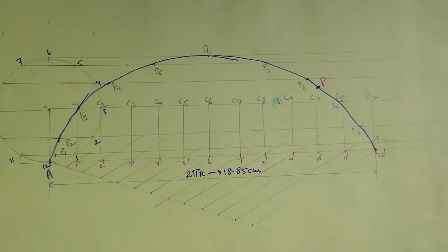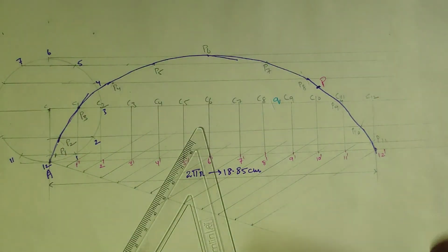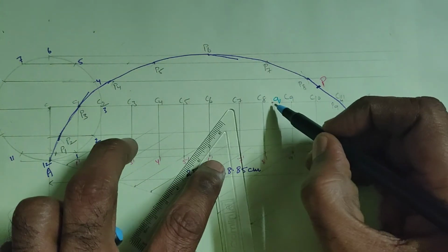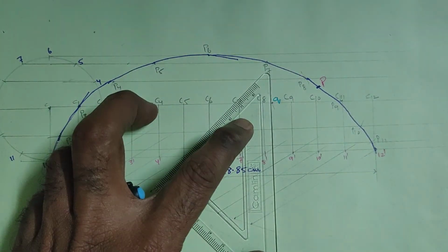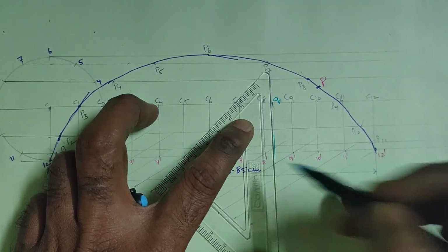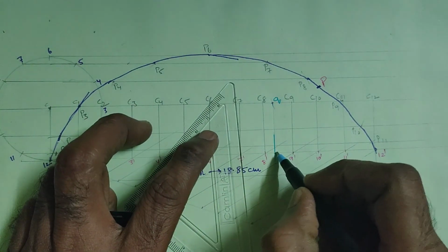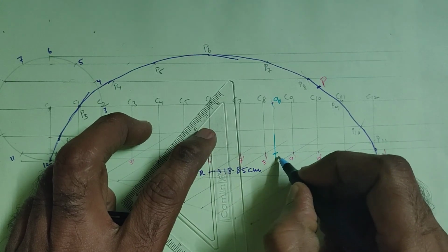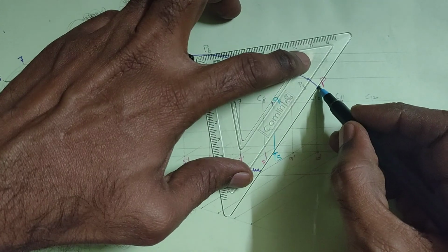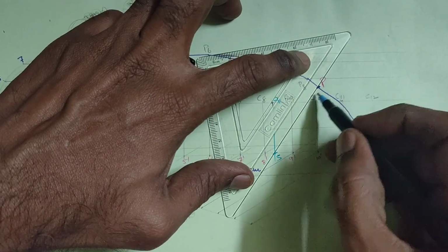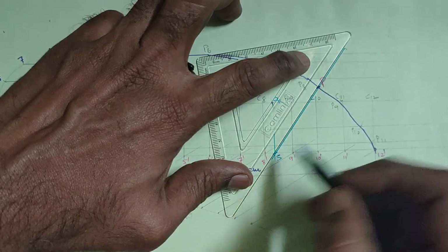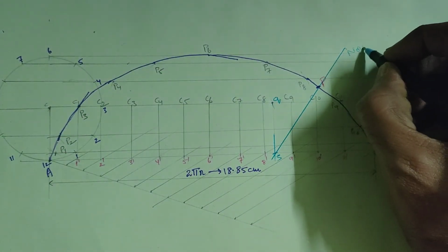From Q we have to erect one perpendicular onto the reference line. We get the point S and join S and P to get the normal. So we have to join S and P, and this will be the required normal.